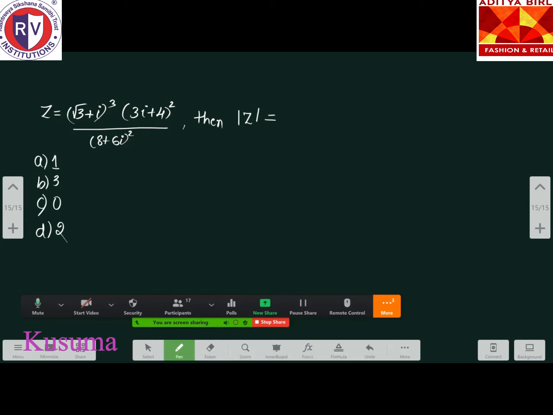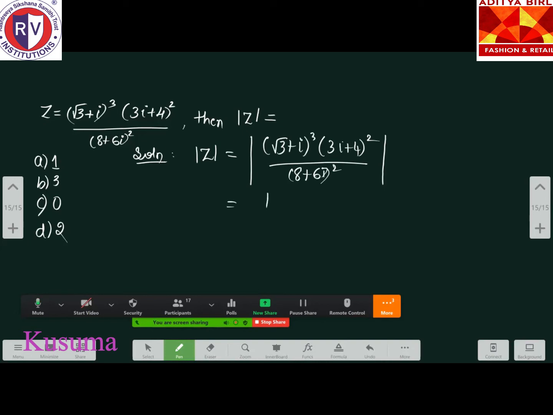So let us see the solution. We have to find out mod z, right? Let us apply mod to RHS also. So that is mod of root 3 plus i whole cube into 3i plus 4 whole square divided by 8 plus 6i whole square.